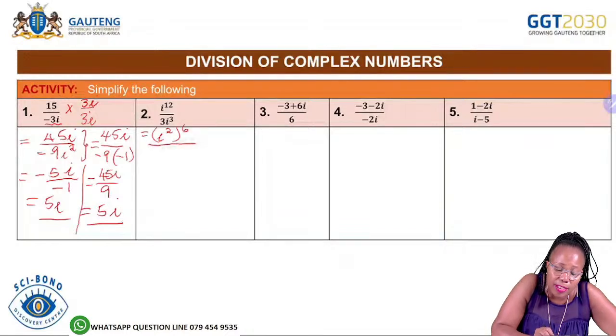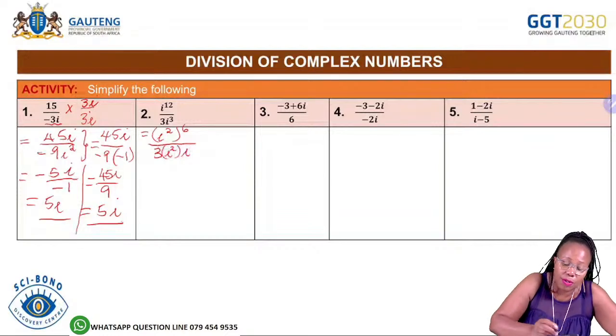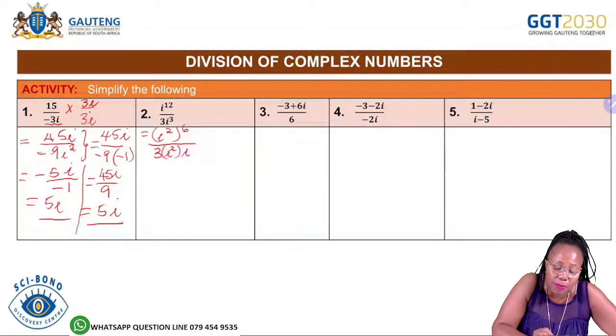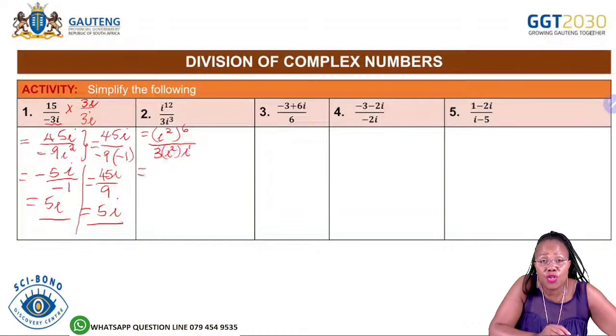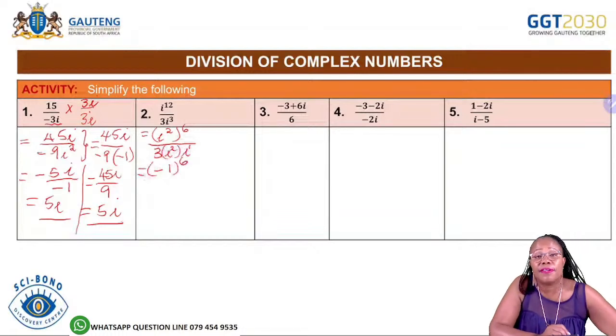And in the denominator we have 3 i squared again. In order to get a 3, this must be i to the power 1. You must add i to the power 1 to have i to the power 3, so that when you multiply the same base, you add exponents 2 and 1. Right, continue grade 12. i squared is a negative 1. And then look at the exponent, it is even.